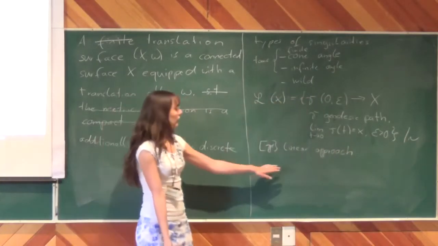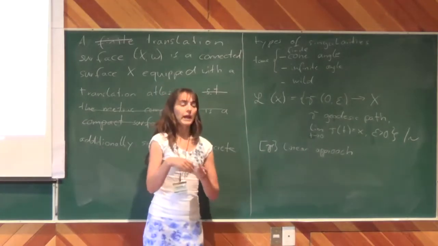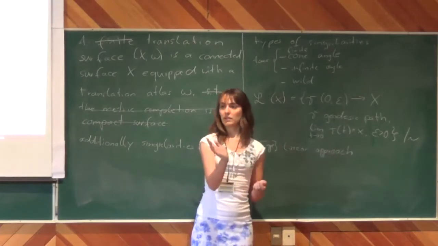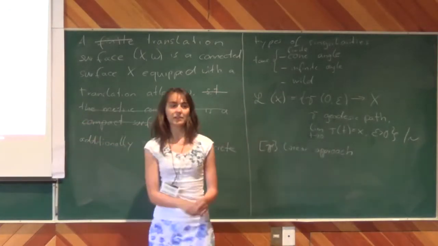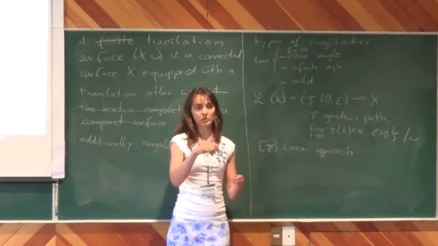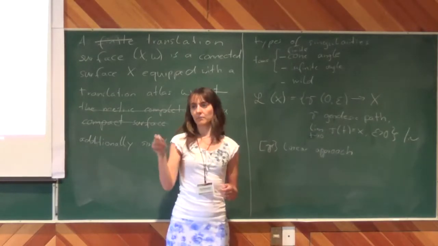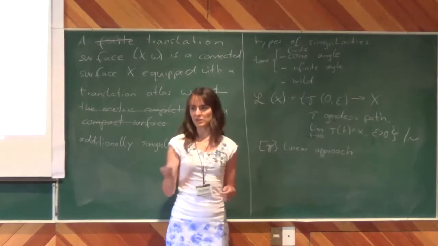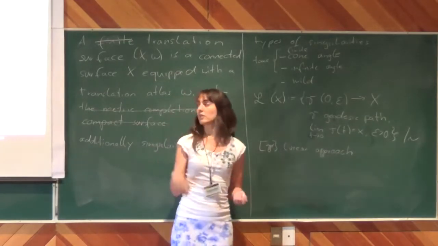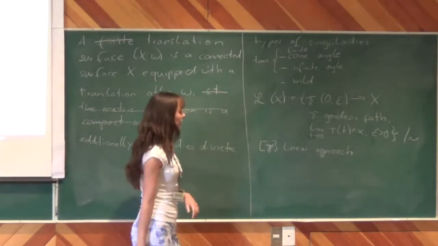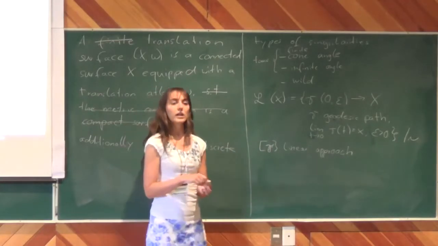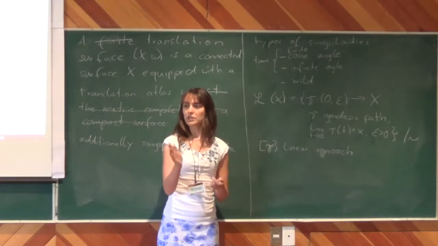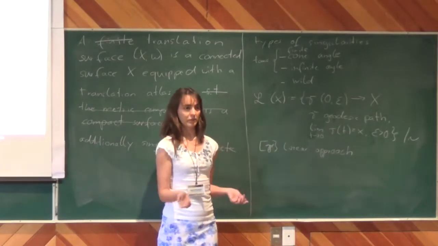I want to look at these linear approaches and now look at one and rotate it a bit around, like we did before. And if we draw a translation surface and we wanted to see which edges belong to one singularity, then we go around the singularity, and this we want to do in this case. So we just rotate it, and if there's another linear approach we can reach in this way, then we call them equivalent.